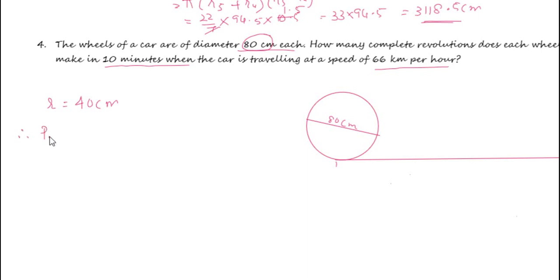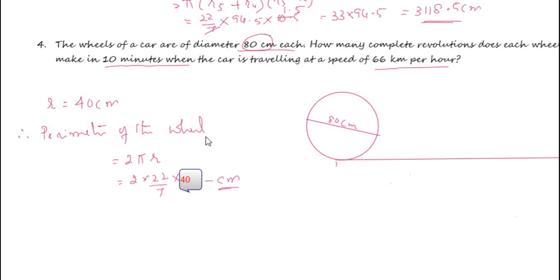Therefore perimeter of the wheel, that is 2 into pi into r, that is 2 into 22 divided by 7, and r is 40. This is so many centimeters.